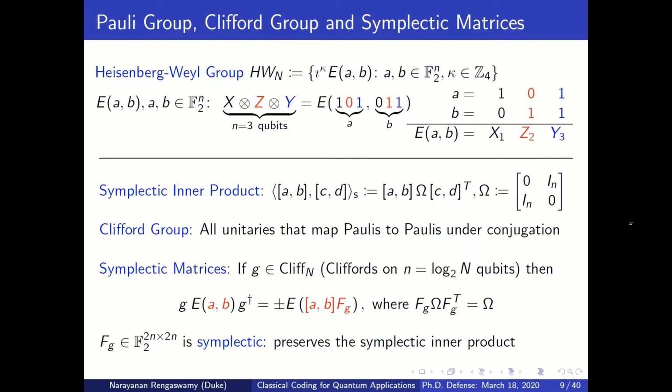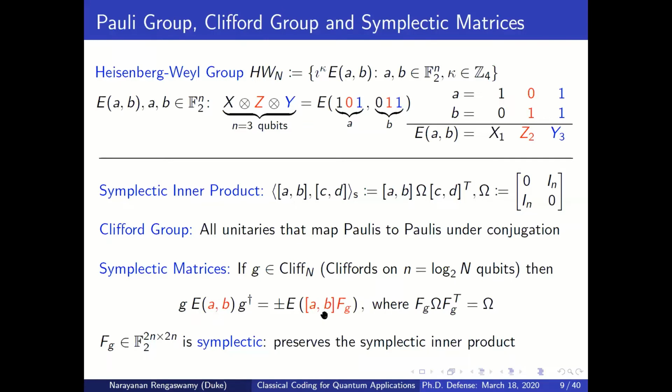Now, once you have defined the Pauli group, the Clifford group is defined by the action that it maps Pauli matrices to Pauli matrices under conjugation. So what do I mean by conjugation? If you take any Pauli matrix, you left multiply by a Clifford, and you right multiply by its inverse. Now G is a unitary matrix, and so the inverse is just the Hermitian transpose, and that's called conjugation.